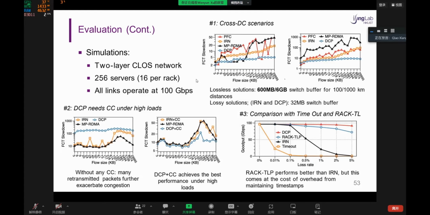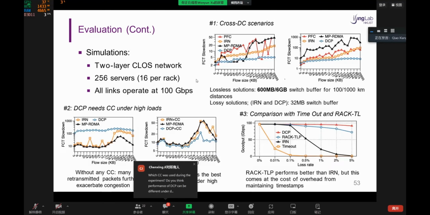That's really promising, given that we are trying to move a huge amount of data across different data centers. I think that's a very good result. Yes, actually lossy solutions are more friendly for long distance transmission, not only DCP but also IRN. I see. Still, we already established that DCP performs very well.